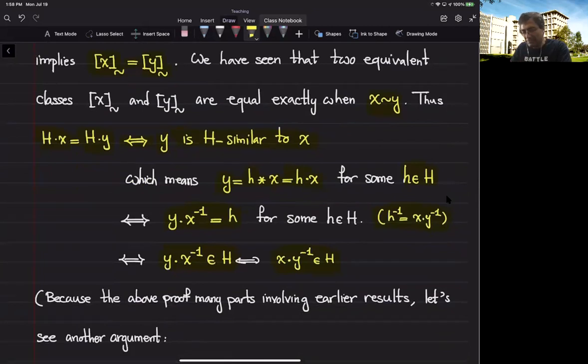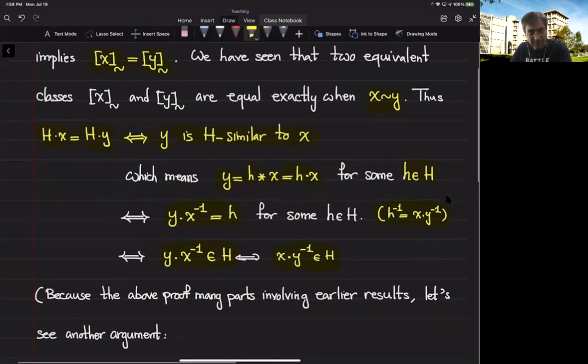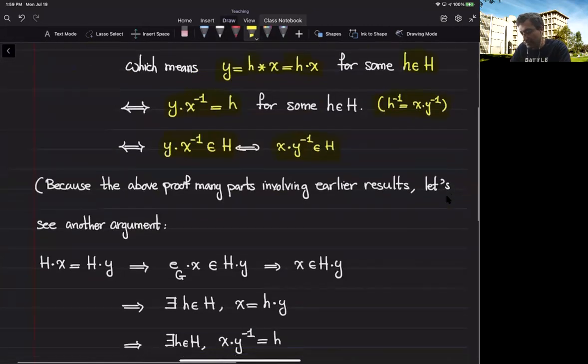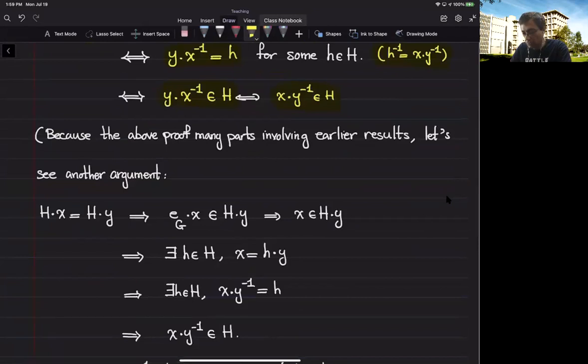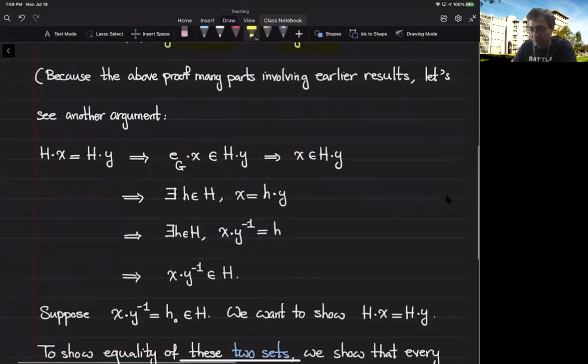Okay, because it seems that we have used many results from the previous videos, let's see another more direct method which uses the things that we have already discussed, but not in a shell. I'm going to open up all the shells that we have used. So let's again see an alternative way of showing the same conclusion. Suppose that the coset given by x is the same as the coset given by y. This is a set, this is a set.